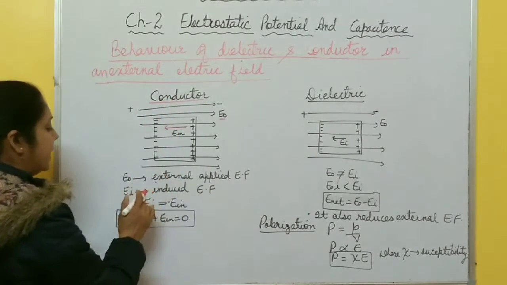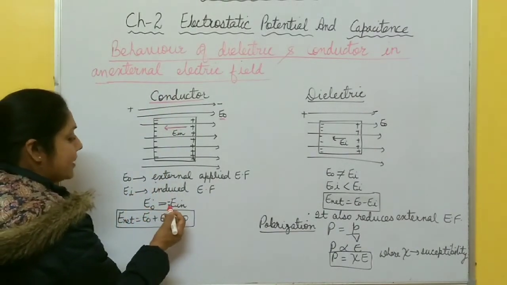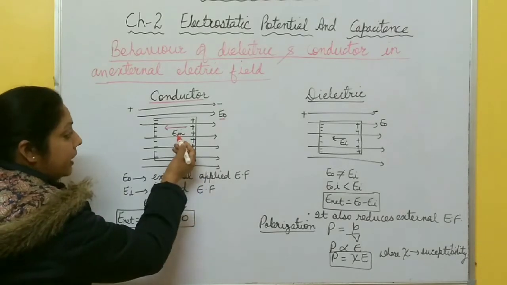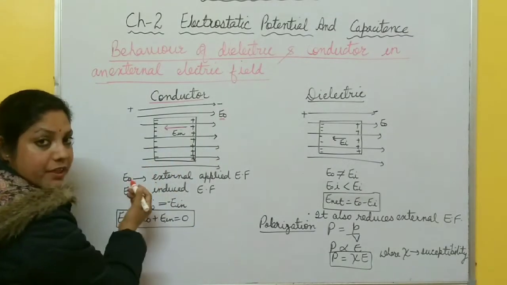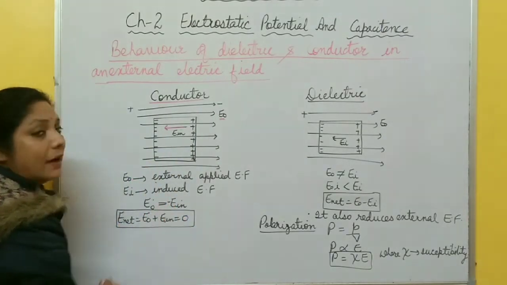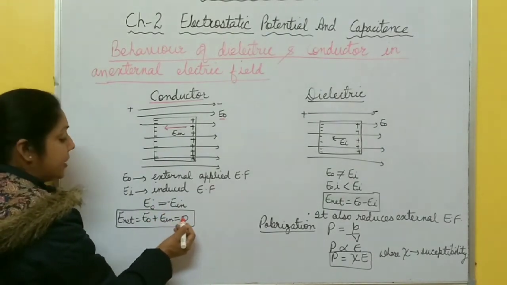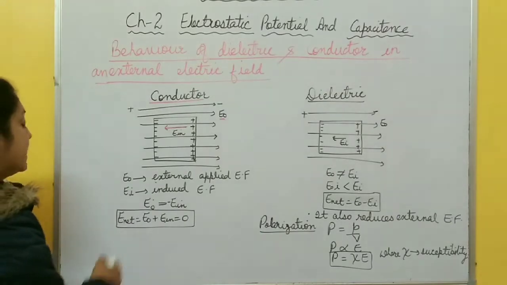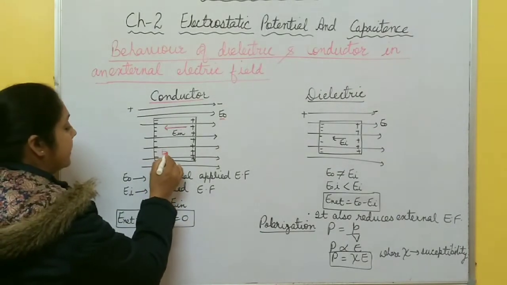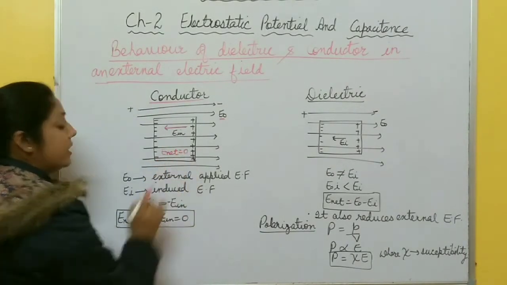So in the case of a conductor, E0 is equal to E induced in the opposite direction to that of the external electric field. So E0 is equal to minus E induced, and when you add E0 plus E induced, this is equal to 0. It means the net field inside the conductor is always 0.